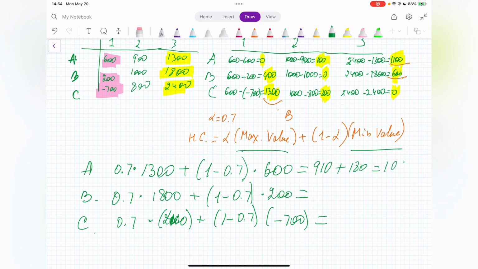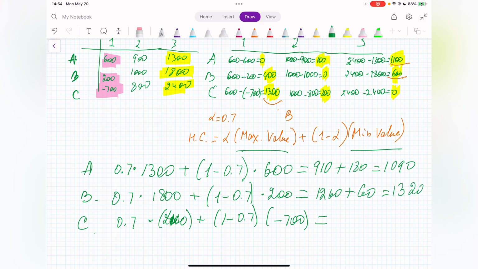Okay, next, 0.7 times 1800 is 1260, plus 200 times 0.3, you get 60, so it's going to be 1320.